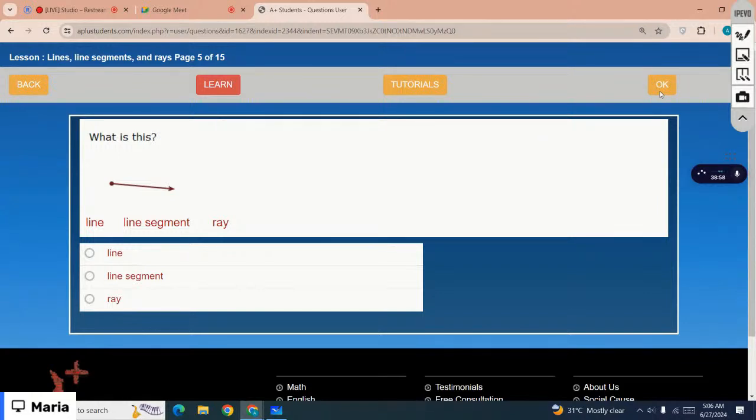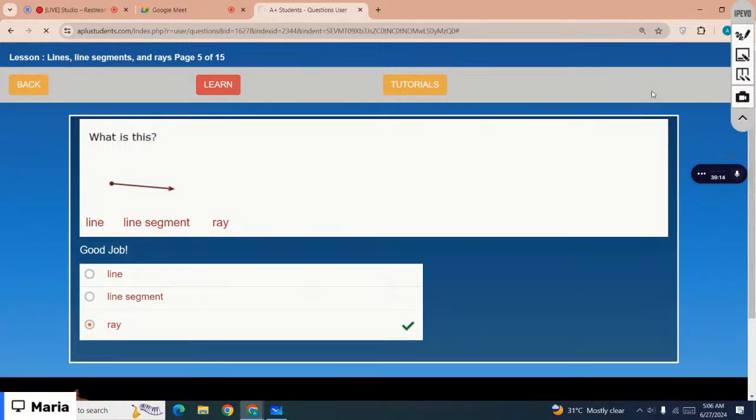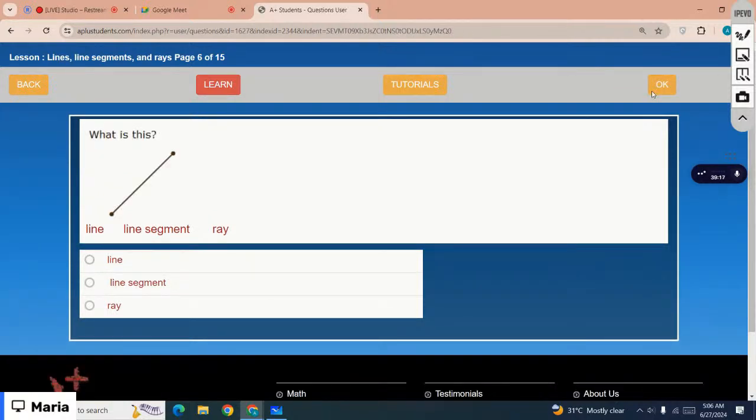What is this, line, line segment, or ray? The correct option is ray. What is this, line, line segment, or ray?